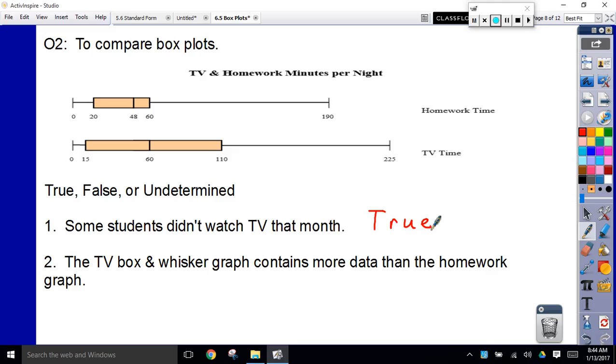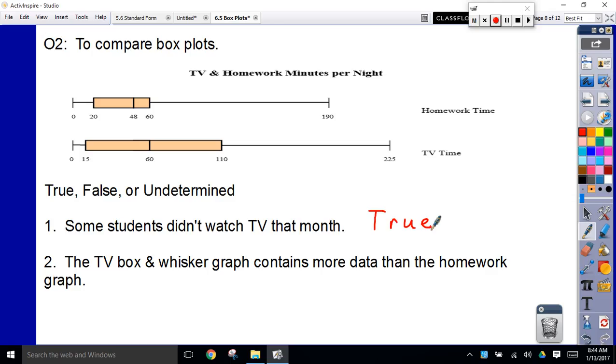Okay, we don't know. I agree with your answer because we don't have more information. If these were comparing the same group of students, then the number of data in each box plot would be the same, and the answer would be false because it would be the same. But we really don't know. This doesn't actually tell us that this was comparing the same groups of students.